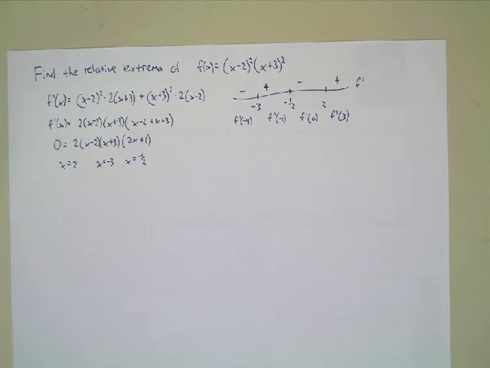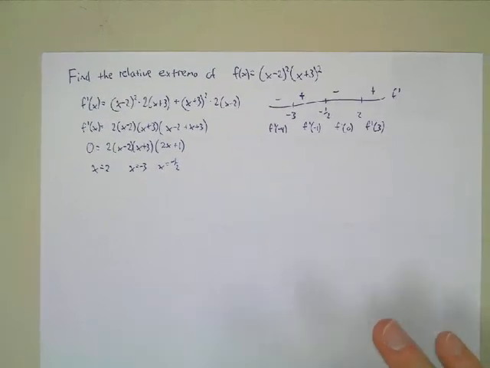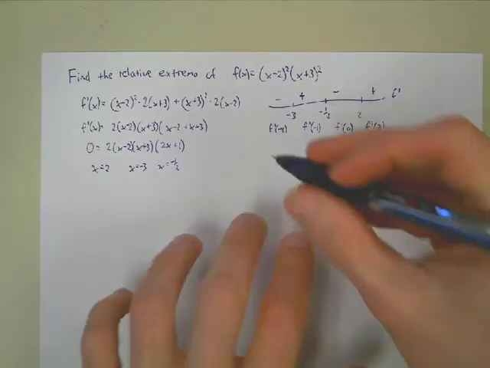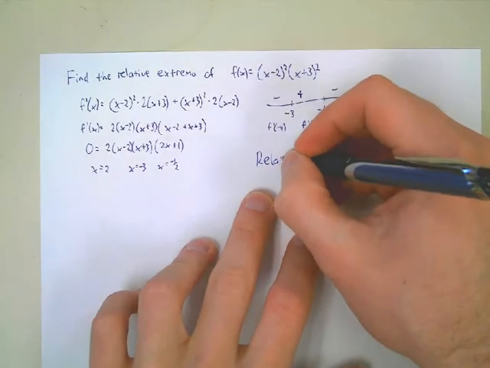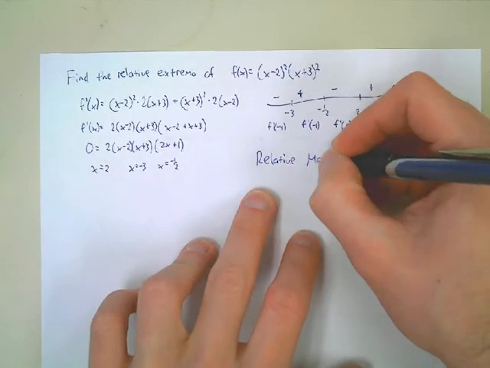Oh, only 4. Okay, positive, negative, positive, positive. We have a relative maximum where? Oh, wait, no, that's right. Relative maximum of f at x equals negative 1/2.